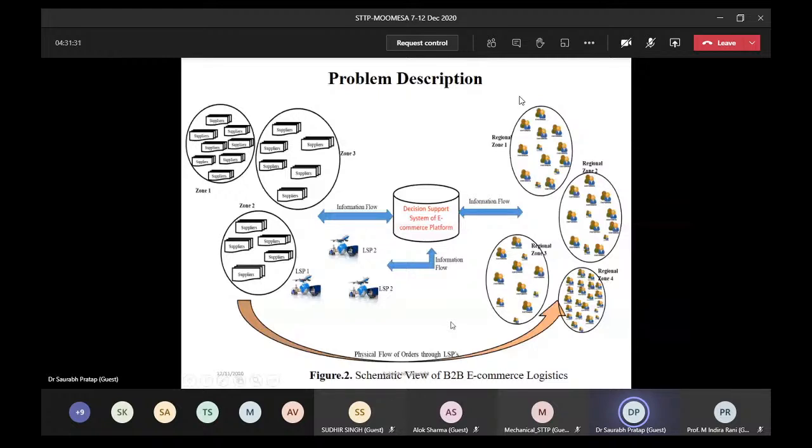Now again, the question arises: how can the supplier supply the product to the different customers? In that case, the region has its own distribution center or a small warehouse where they collect the products, sort them with respect to the different area zones, and then supply the product.